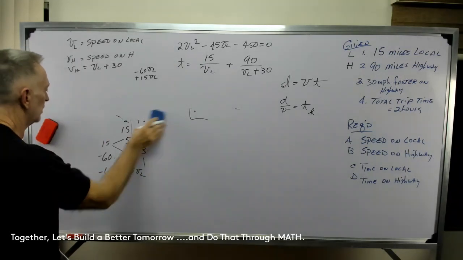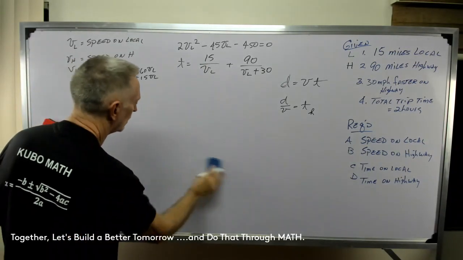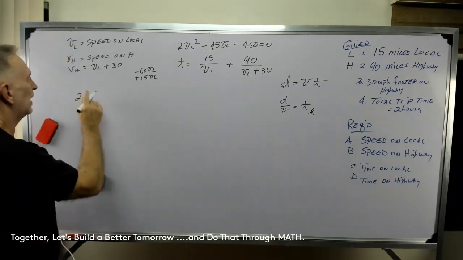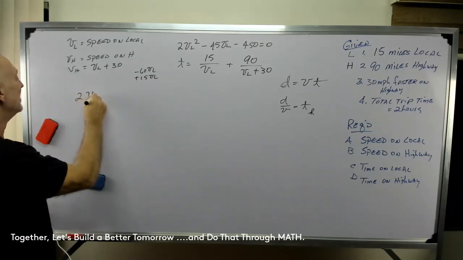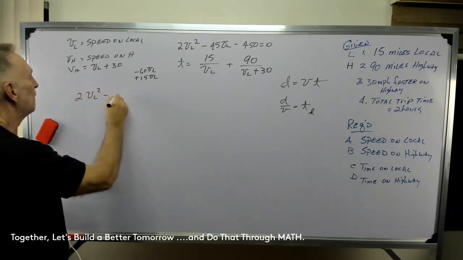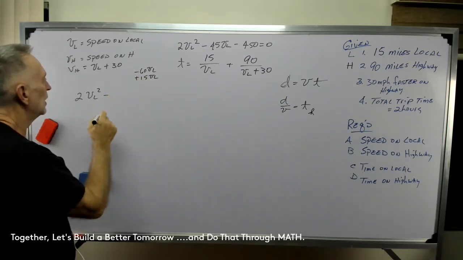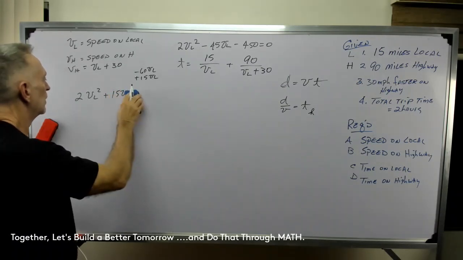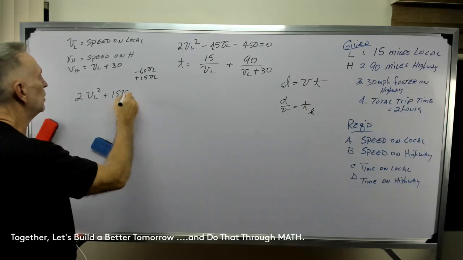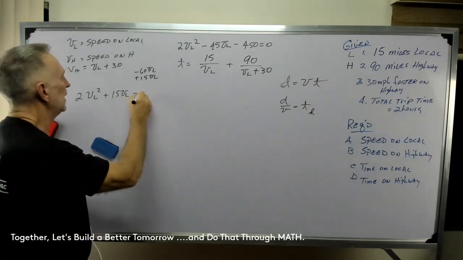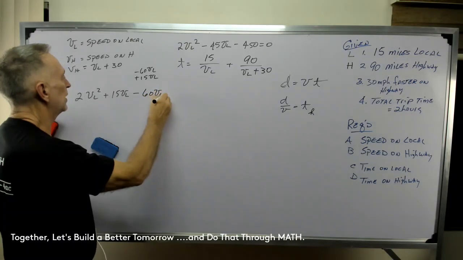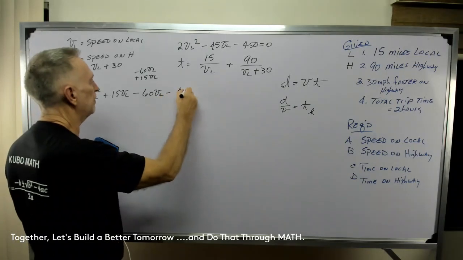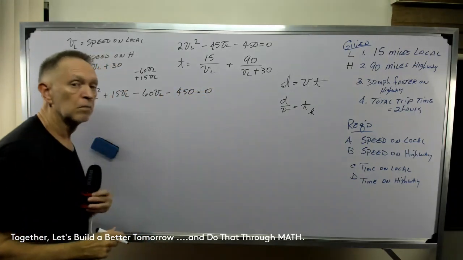Let's work with this. Okay, so here we go. I should have left the equation, it was already written. 2 v sub L squared minus, I have these two terms. Let's go with plus 15 v sub L minus 60 v sub L. That gives me my minus 45, minus 450 equals 0.